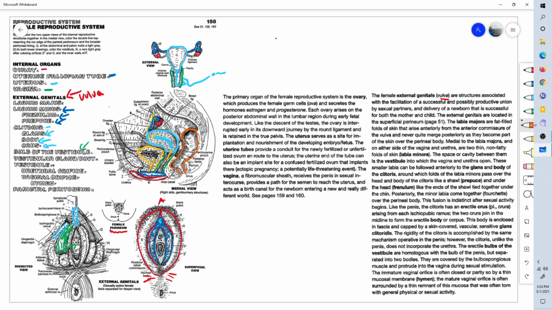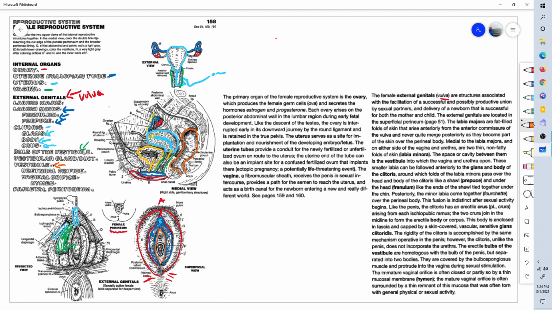The vestibule is the name for the opening, like vagina. Both words mean, well, vestibule means a space or an opening. A vagina means an opening as well, but this is the vestibule of the vagina, this opening here, the open area here.